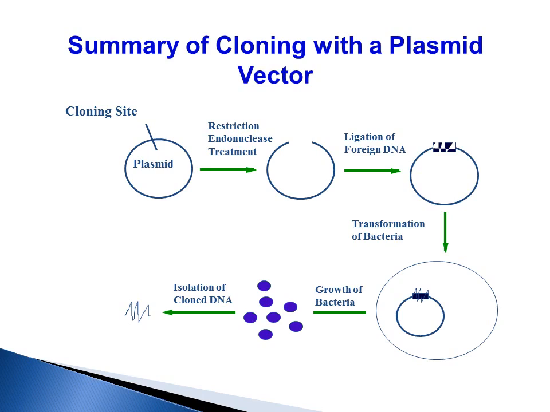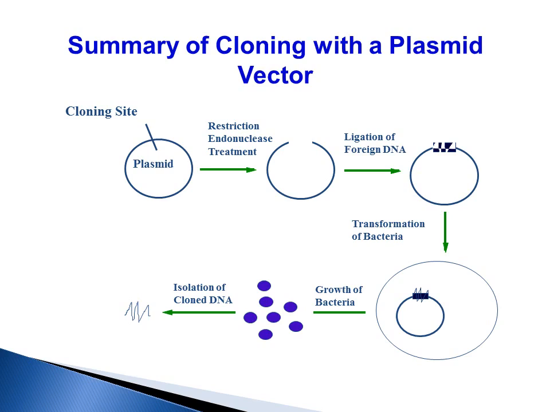So here's a summary again. You have your plasmid with your cloning site. You cut with the appropriate restriction endonuclease. You also cut your DNA of interest with the same restriction endonuclease. You're going to ligate the gene of interest or foreign DNA into your plasmid DNA.